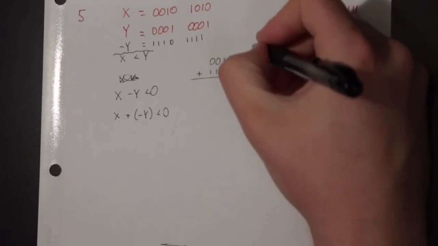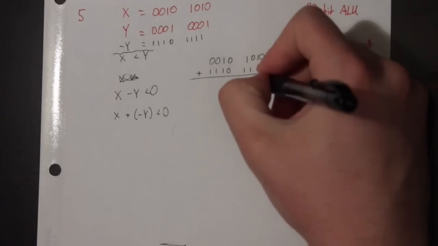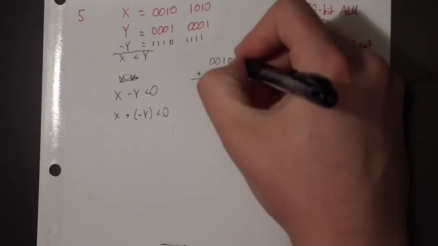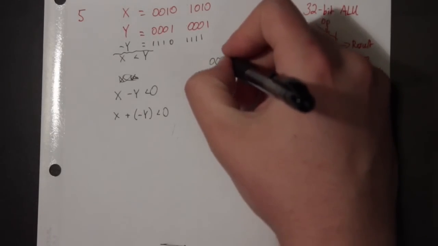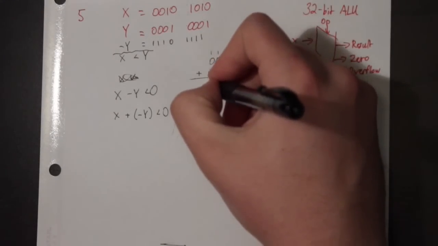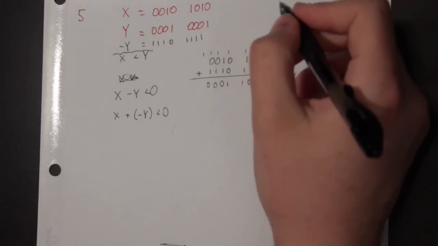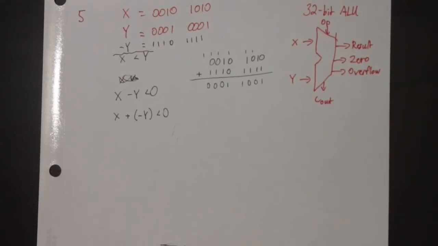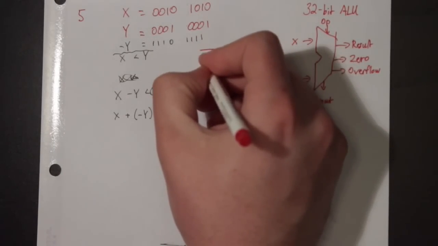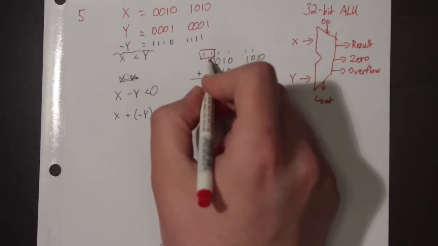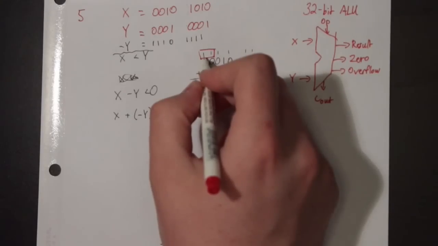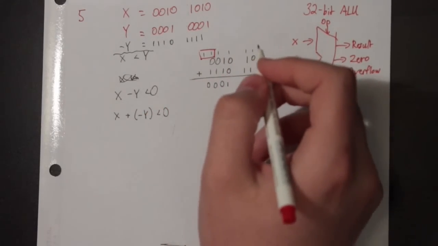Now I'm just going to do an addition. I'm going to do 1, then I get a 0, carry the 1, 0, carry the 1, 1, carry the 1, 1, 0, carry the 1, 0, carry the 1, 0, carry the 1. Now we have this carry out of 1 here, but if you remember from how arithmetic works, if the carry into the most significant bit and the carry out of the most significant bit are the same, there was no overflow, so that's really good.